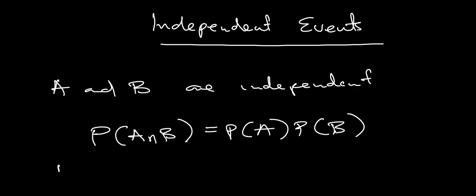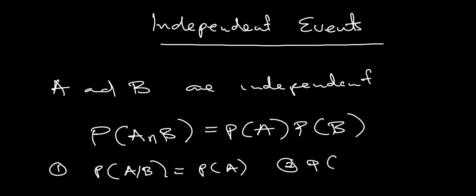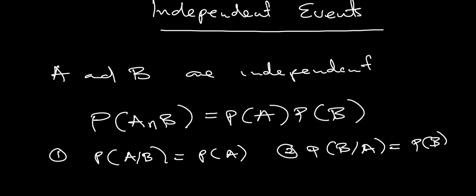And you need to note their properties: the probability of A given B is just the same as the probability of A. Also, the probability of B given A is just the same as the probability of B, because they don't depend on each other. So the probability of A given B is the same as the probability of A, because A happening does not depend on B.